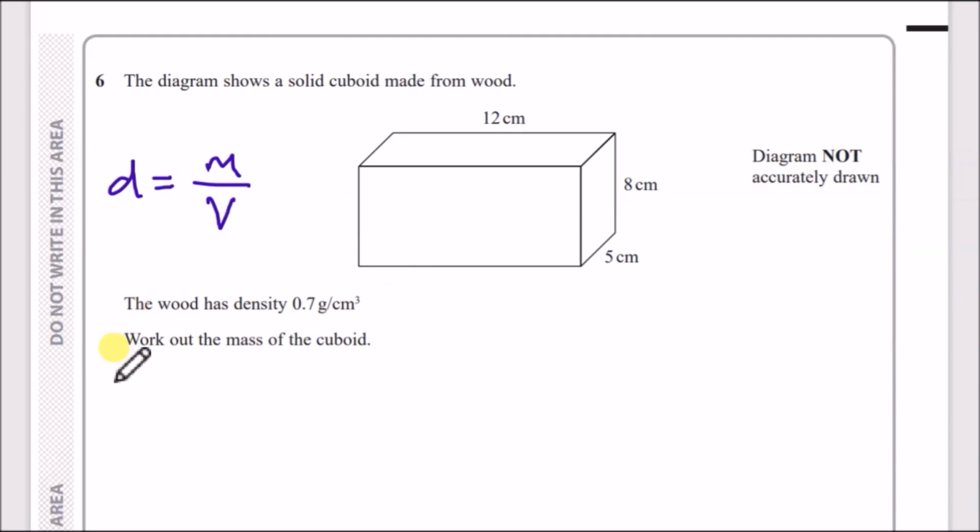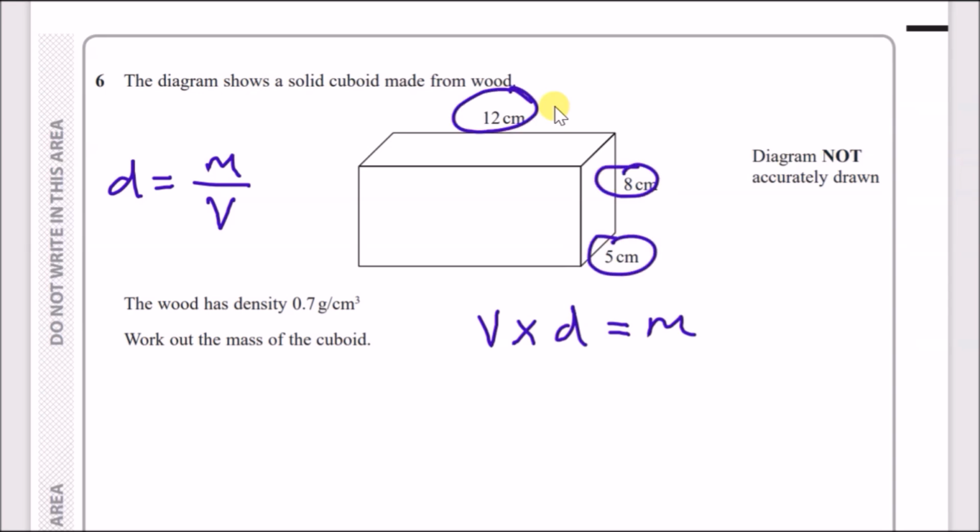Now, the question is, work out the mass of the cuboid. Well, that's not bad. That just involves rearranging this formula. So to find mass, multiply volume across. So this means you got volume times your density equals your mass. Now, what is the volume? The volume of this cuboid is just you multiplying all of these 3 numbers. So in your calculator, you're going to have 12 times 8 times 5.